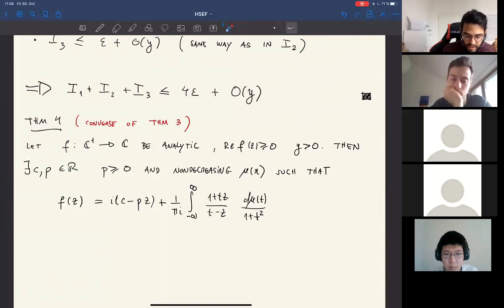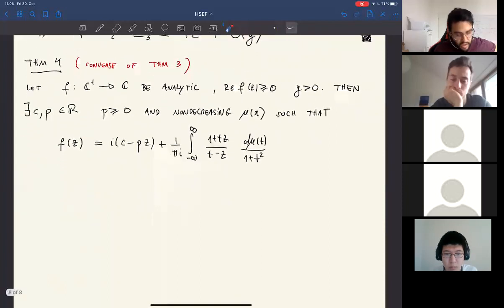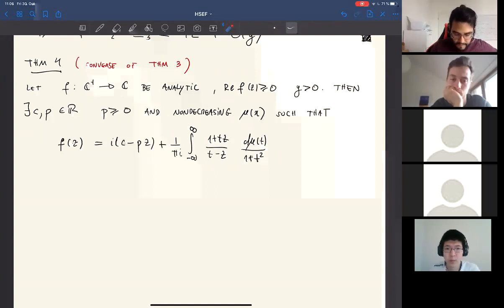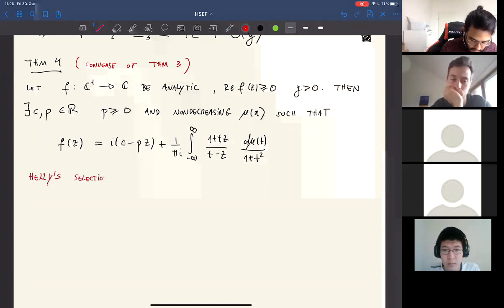So to show this, I will need to use something called Helly's selection principle. So let me talk about that first, and then we start the proof. This is a side comment.